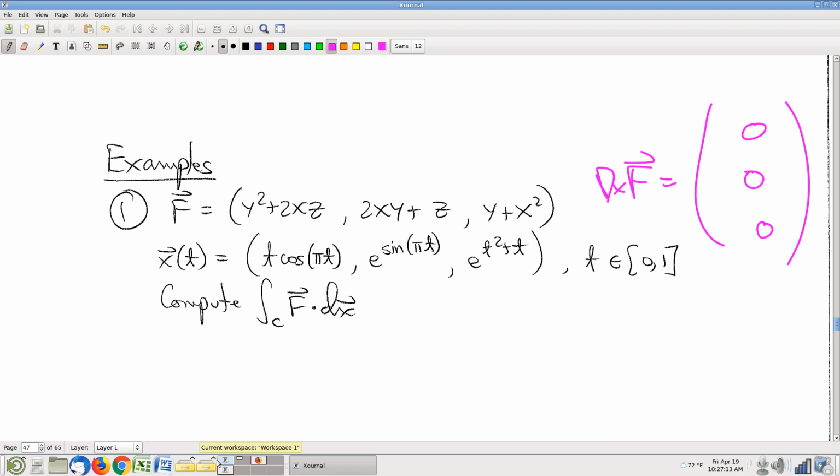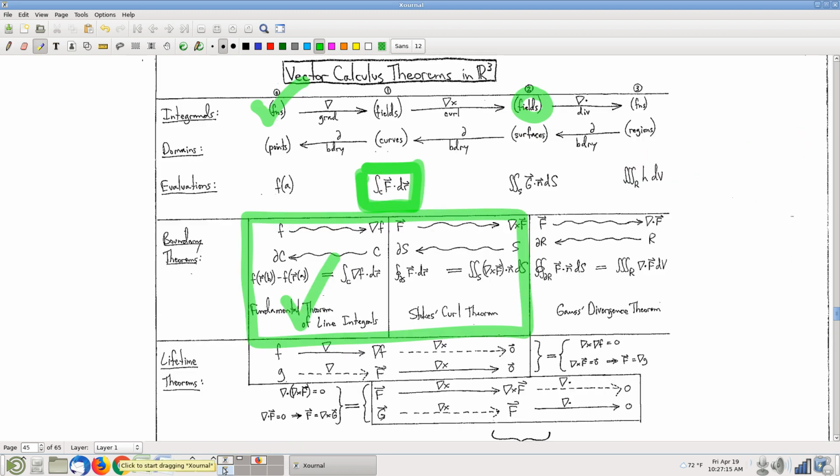This curve here now. Can I use Stokes' curl theorem? If I were going to use Stokes' curl theorem, I would need for this curve to be a boundary. I would need to know that there is an anti-boundary. How am I going to decide if my curve is a boundary?